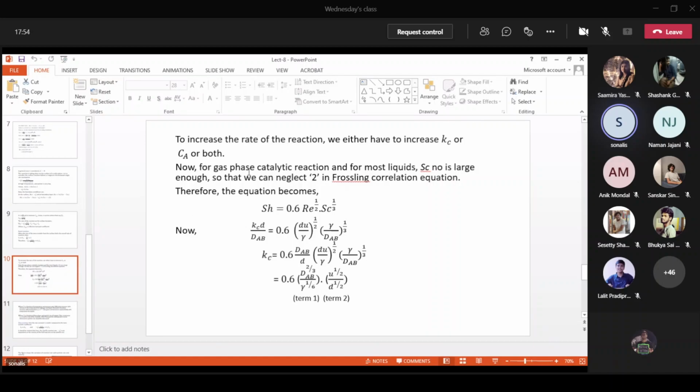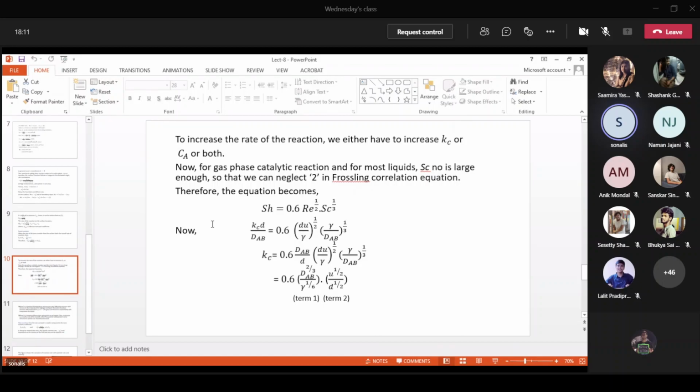Now, for gas phase catalytic reactions or for most liquids, the Schmidt number is large enough. If you remember the Frossling correlation, Sherwood number is equal to 2 plus 0.6 into Reynolds number to the power half into Schmidt number to the power 1/3.